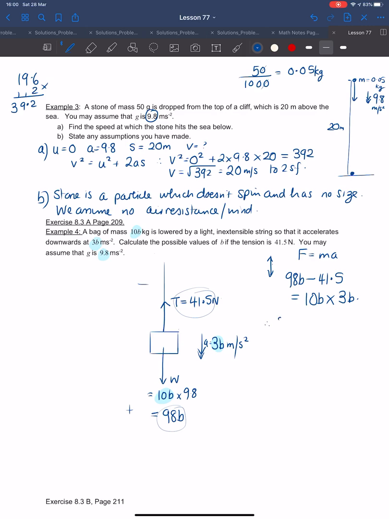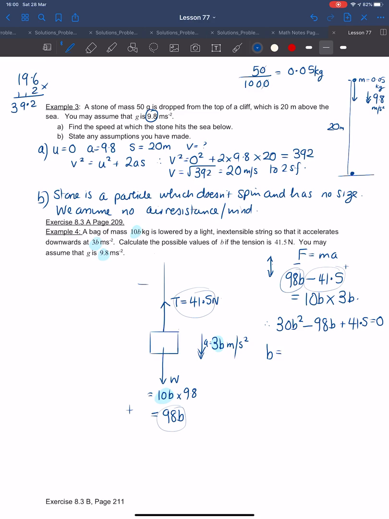So therefore we've got 30b squared minus 98b, so I've taken that off each side, add that to each side, plus 41.5 equals 0. I can tell by looking that that's not going to factorise. Well, it might do, but I don't think it will do.